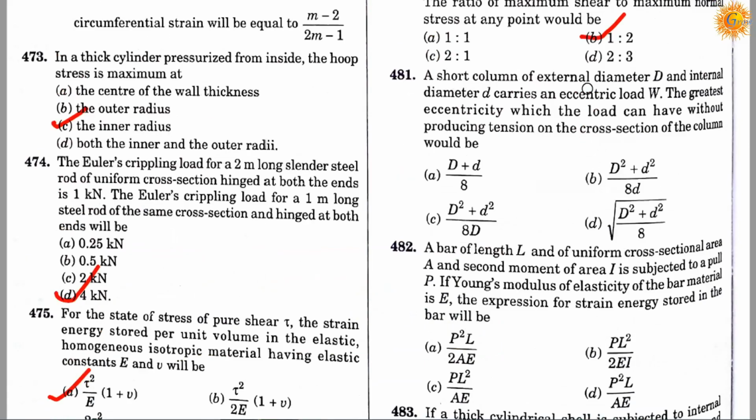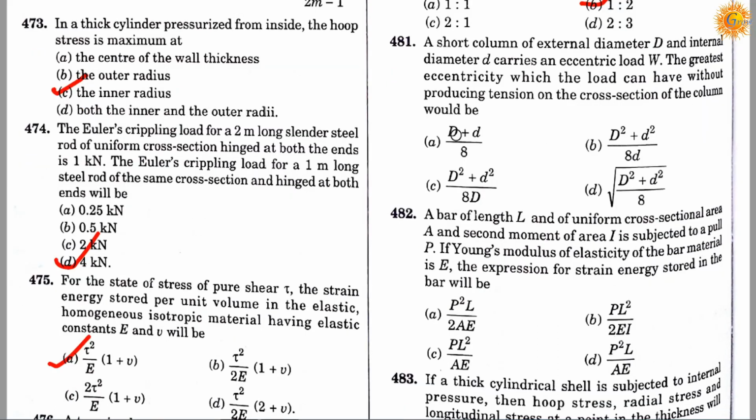Question number 481. A short column of external diameter capital D and internal diameter small d carries an eccentric load capital W. The greatest eccentricity which the load can have without producing tension on the cross section of the column would be: option A (D + d)/8, option B (D² + d²)/8d, option C (D² + d²)/8D, and option D under root of (D² + d²)/8.